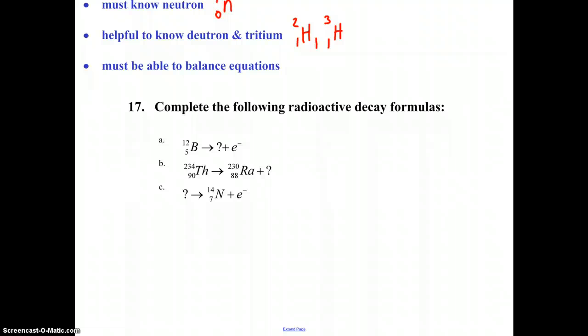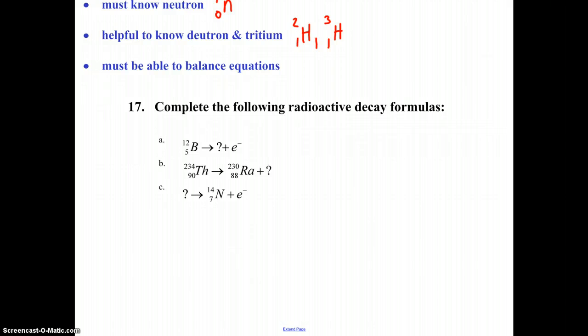We need to talk about the difference between natural transmutation and artificial transmutation. The 3 examples that you see here in number 17 are natural transmutations. What does that mean? That means an element naturally decays into another element and also gives off a radioactive decay particle when doing that.